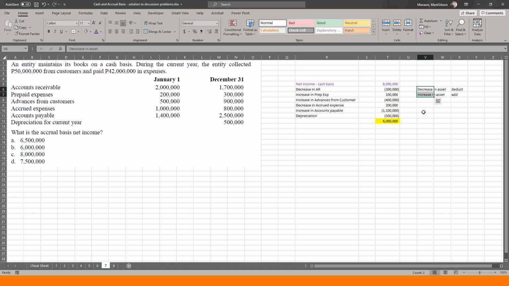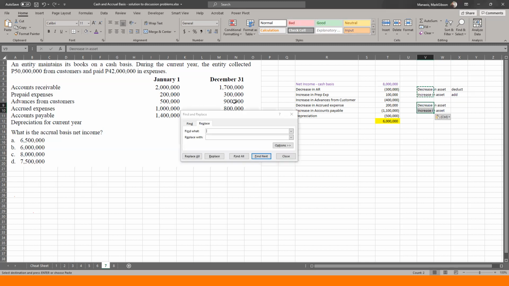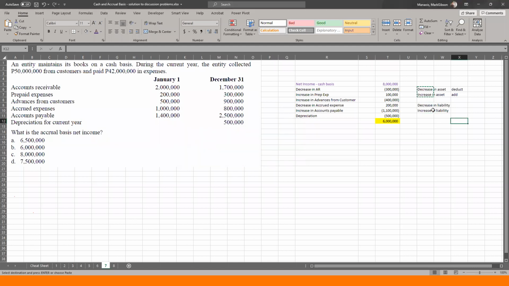Now, kung halimbawa ang pinag-uusapan is liability, pag decrease in liability, we have to add it. And then pag increase in liability, we have to deduct it.